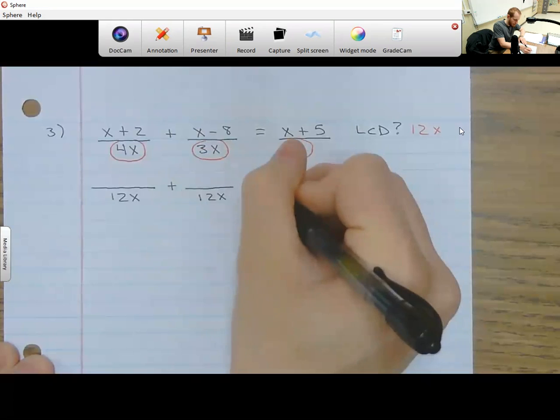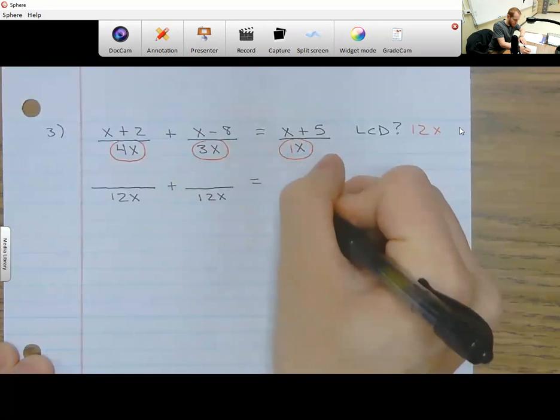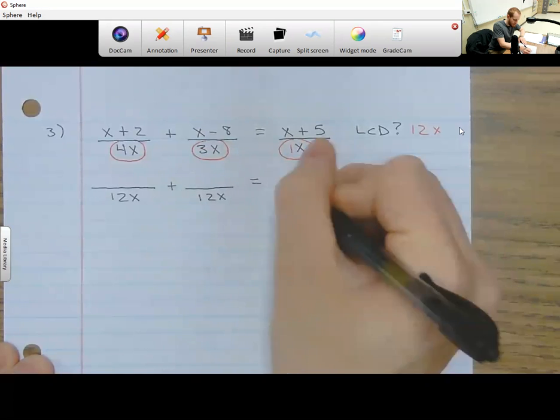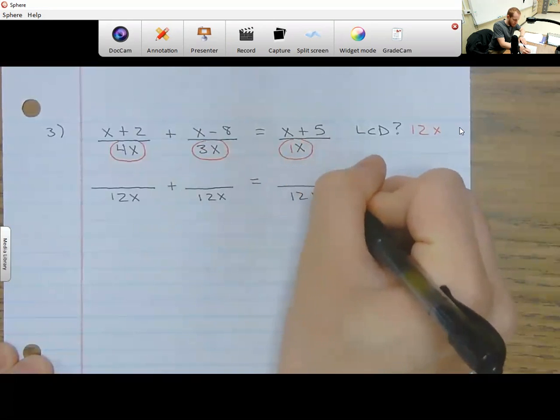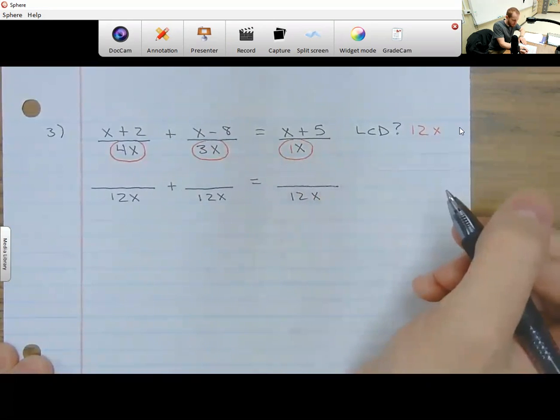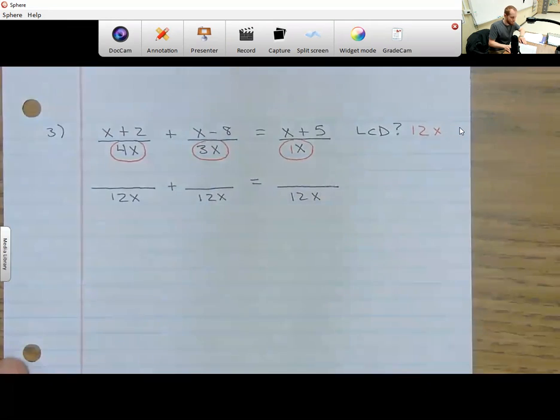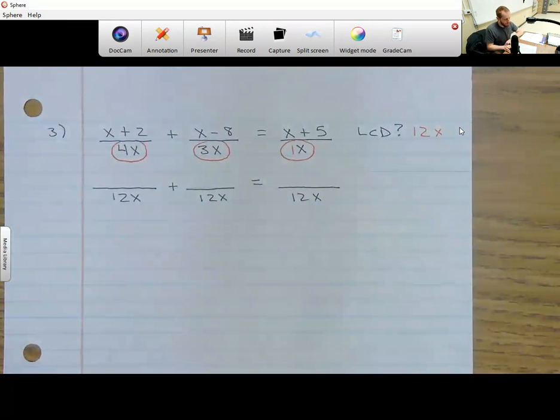And this one is going to have a 12x. Because all the denominators have to be the same in order to add or subtract fractions, right? Now, we just changed every single denominator to being 12x. If you change the denominator, that's going to end up changing the numerator, right? But how does it change?